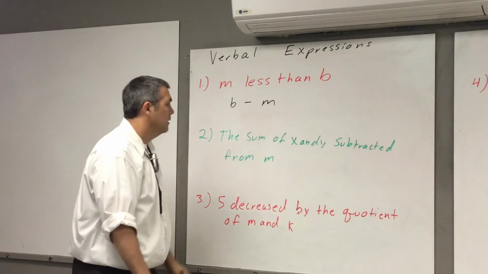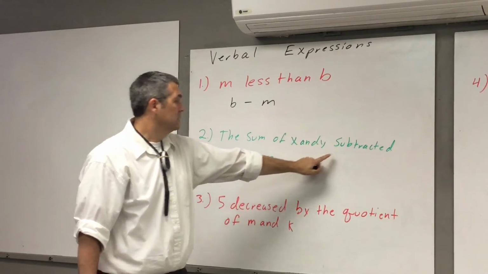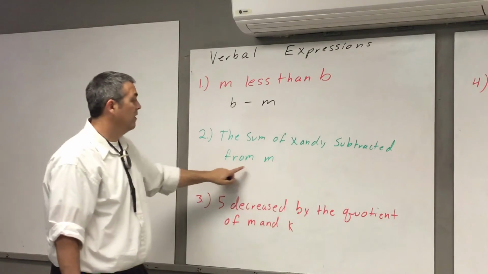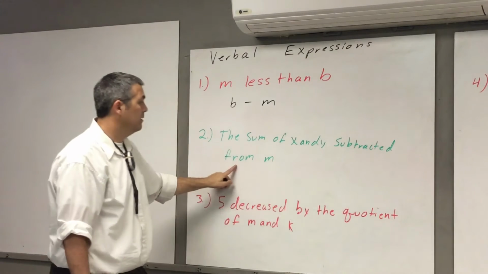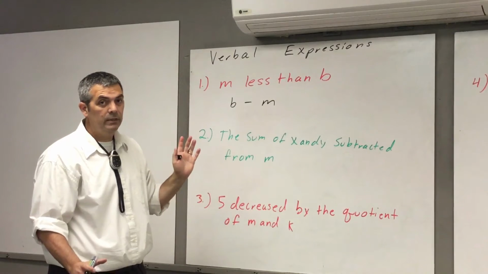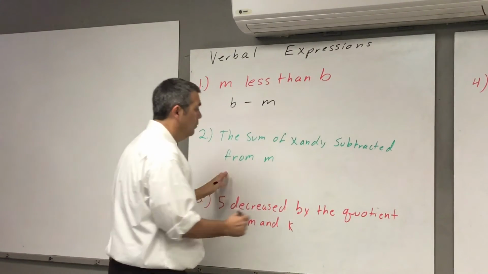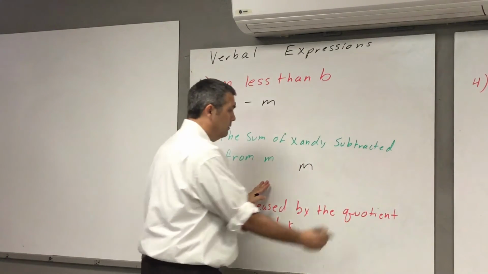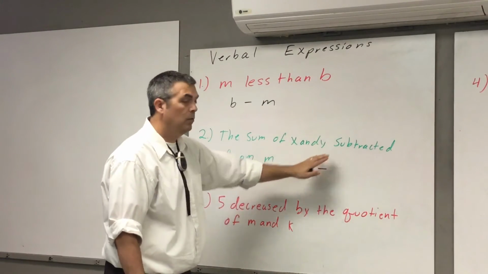So watch that. The sum of x and y subtracted from M. So the sum of this is going to be subtracted from this. Okay? So, it's all about reading it slowly and making sure that you comprehend what's going on. So we know that we got M, right, minus the sum of x and y.